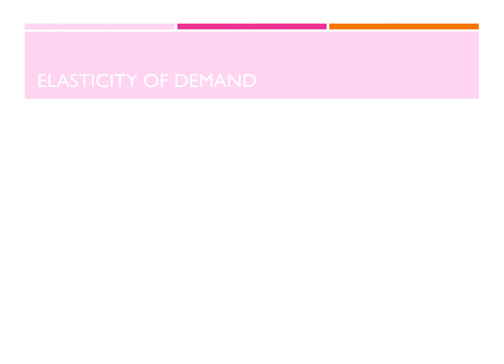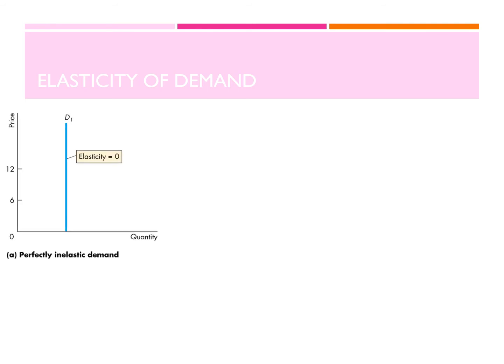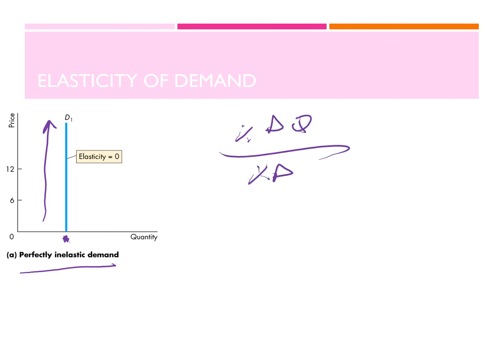Now, since we're talking about special curves or extreme cases, the first one that we will be explaining is the perfectly inelastic demand. If we have a look here, no matter what the price, my quantity demanded remains constant. It doesn't change. So if I want to calculate my PED, which is the percentage change in quantity over percentage change in price, there's no change in quantity.